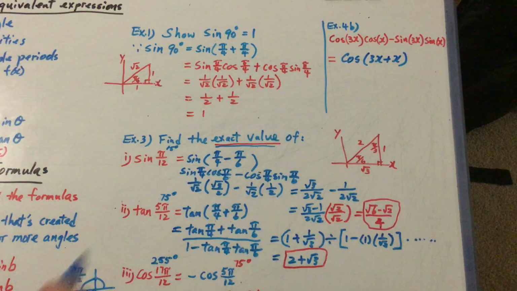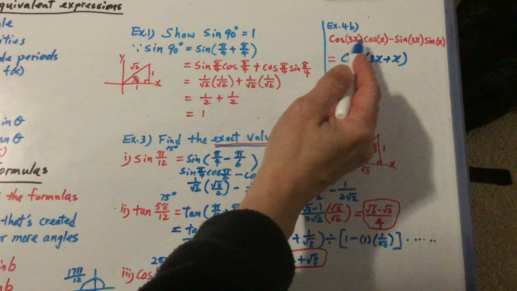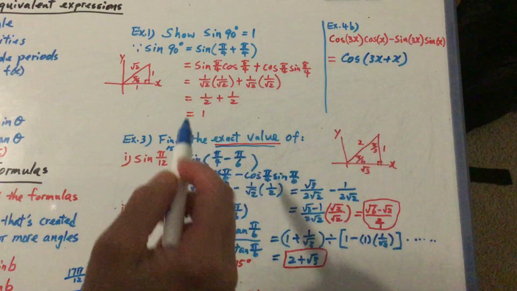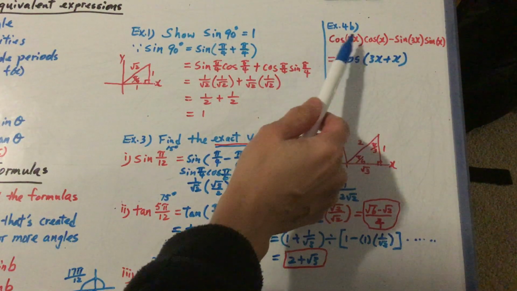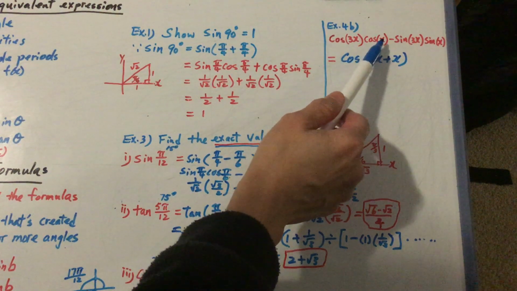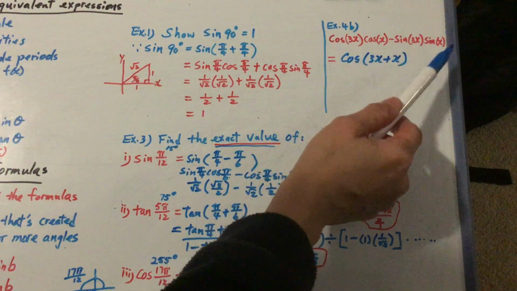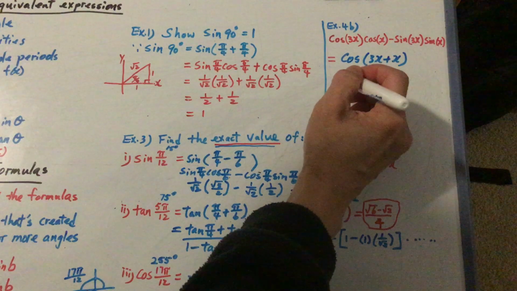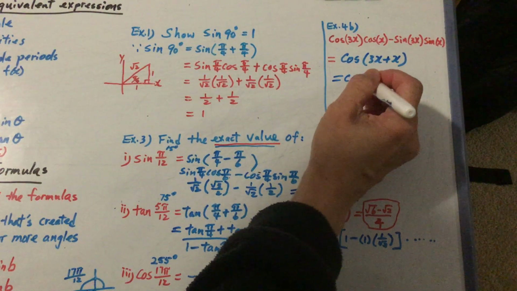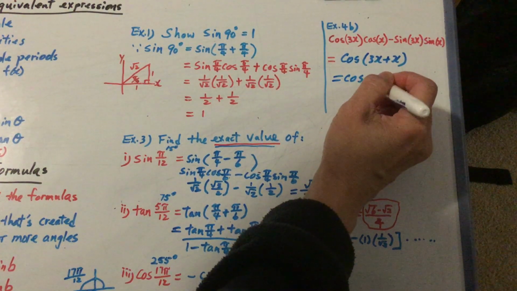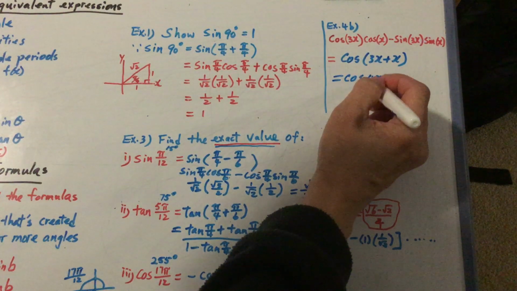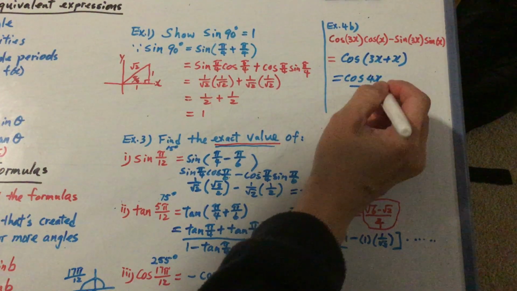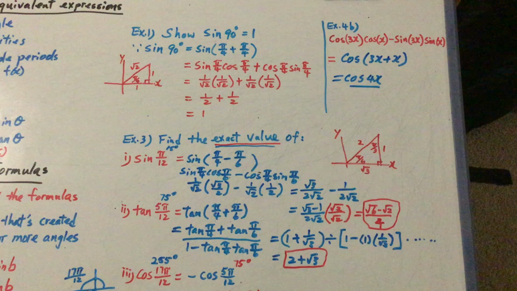Because when you have cos of A plus B, this is how the formula should break down: cos A times cos B minus sine A times sine B. So further simplifying this is going to give you cos of 4x. Okay, so this is the kind of answer that you'll be getting.